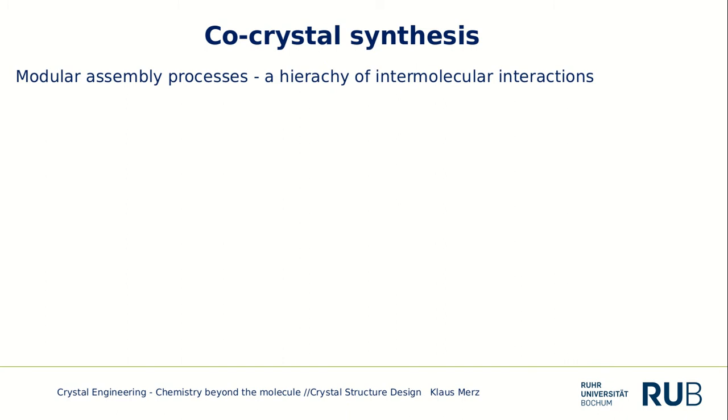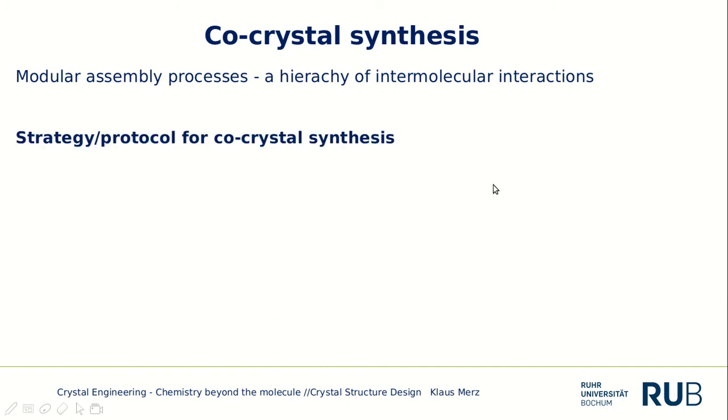And you see there's a hierarchy based on the energy and the strength of intermolecular interactions. This hierarchy of intermolecular interactions can be used to try to develop a strategy or a protocol for co-crystal synthesis.